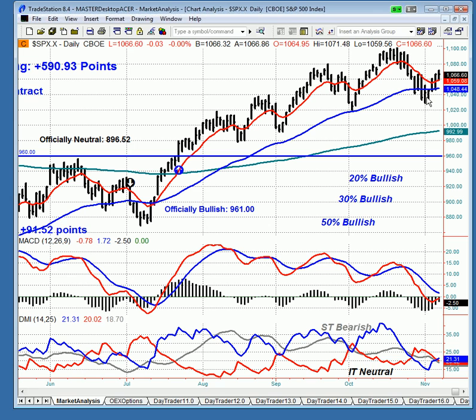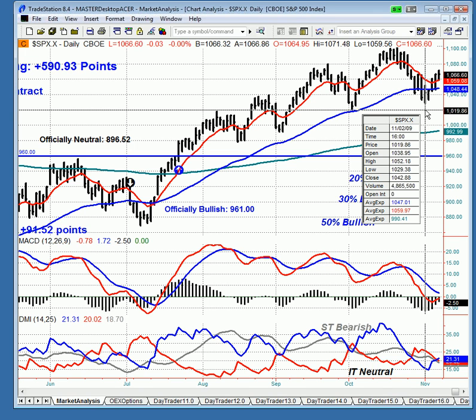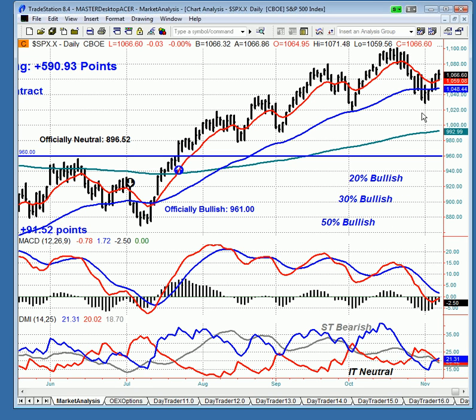So obviously our official market timing bias has remained bullish, officially bullish from 961, and will be so until we convincingly break 1040, or certainly get two consecutive lower closes. Had this been a slightly lower close right here, we would have certainly gone to officially neutral around 1030 or so. But right now we're still holding on to our bullish bias.